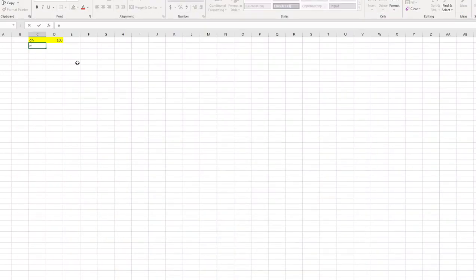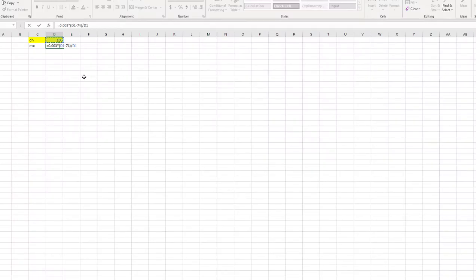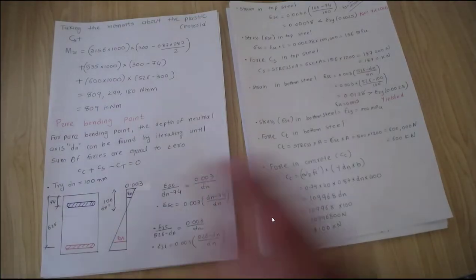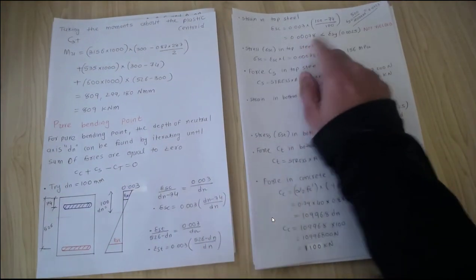Let's say ESC is equal to 0.003 bracket dn minus 74, divided by dn. Okay, so these equations are just the ones here. Once you do this, you get 0.0078. Let's check whether it gives me this answer. Yep, 0.0078, so that is right.